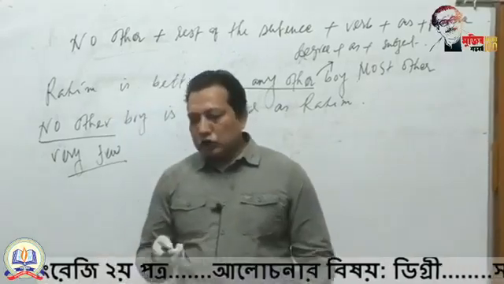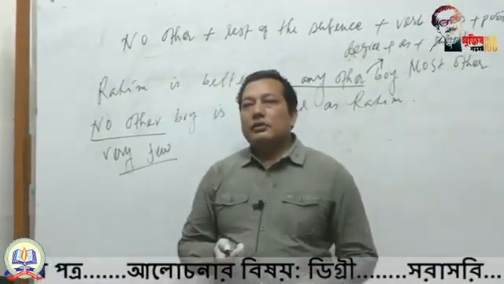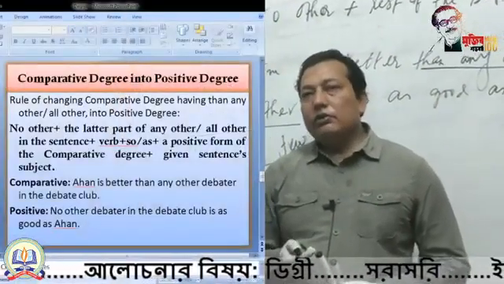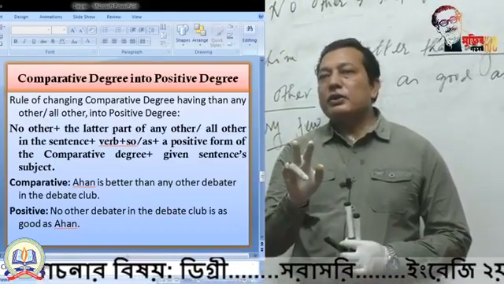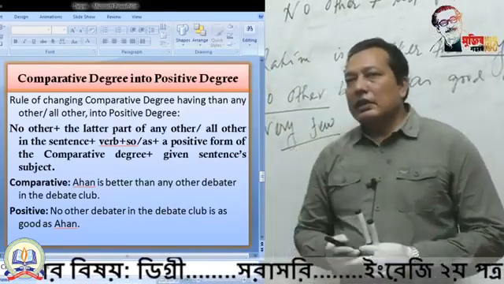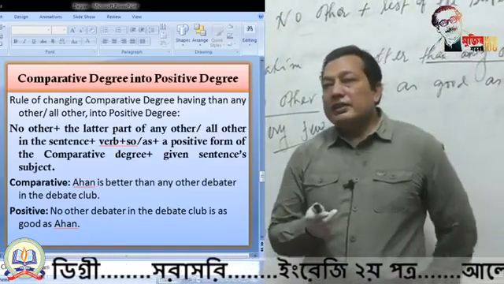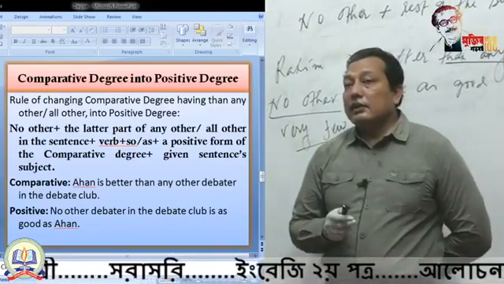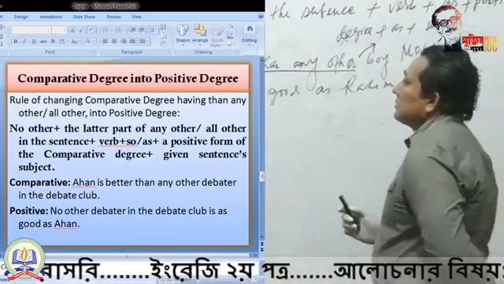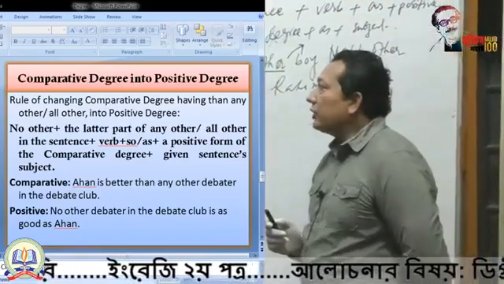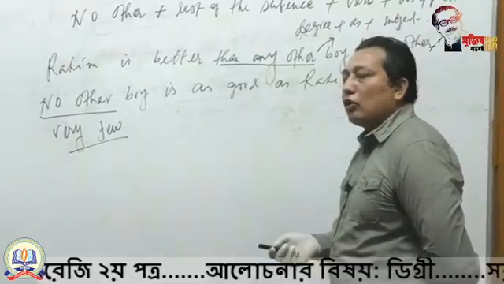And I am showing you another thing. That means here, you are getting comparative degree just comparing between two specific persons, like "Ahan is stronger than Rihan." Here, you are getting only two specific persons. For that reason, you are not allowed to use "no other" or "very few".